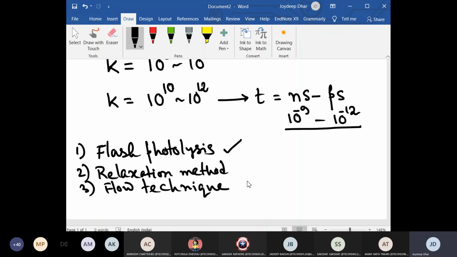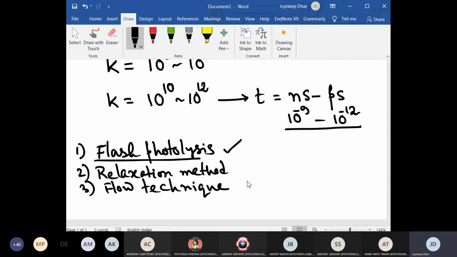There will be a huge background behind flash photolysis or other methods or rate equations, but qualitatively you can read the flash photolysis technique. One schematic diagram is there, you can see it in the PDF.